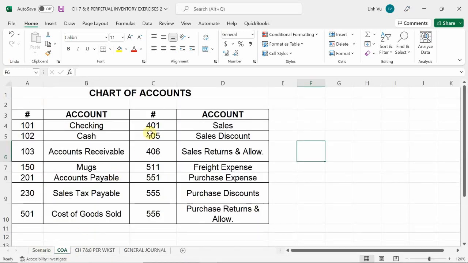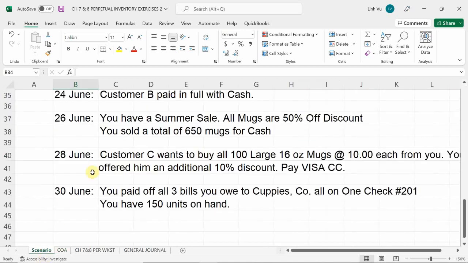The money goes straight to your checking account. It's not a form of cash, because that money is being electronically wired to your bank account. So in this case, checking account's going to be the very first one. And of course, you had a sale and you charged sales tax plus a sales discount because you offered him an additional 10% discount.